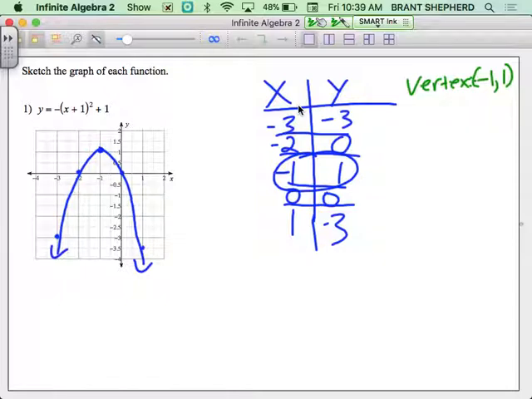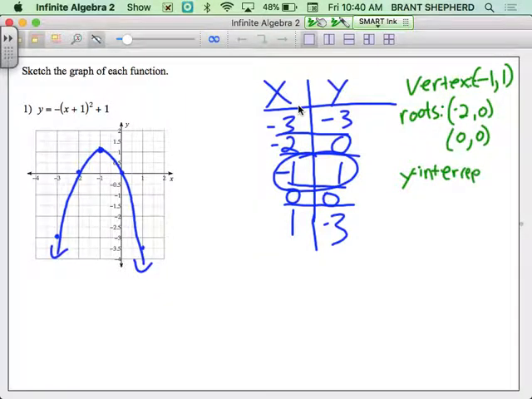So we can call those roots or zeros or solutions. 1 is at negative 2, 0. And 1 is at 0, 0. I can also see that I have a y-intercept also at 0, 0.